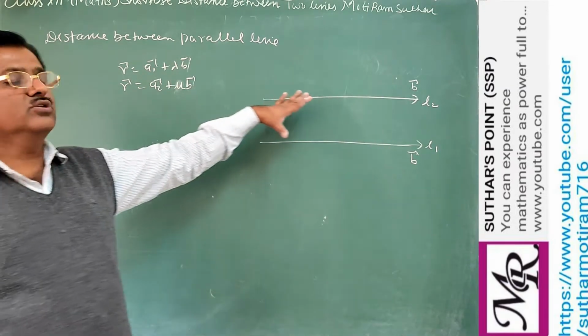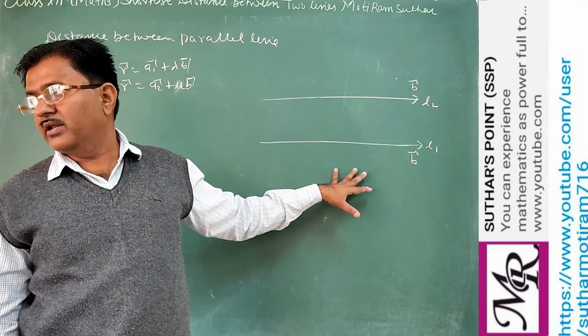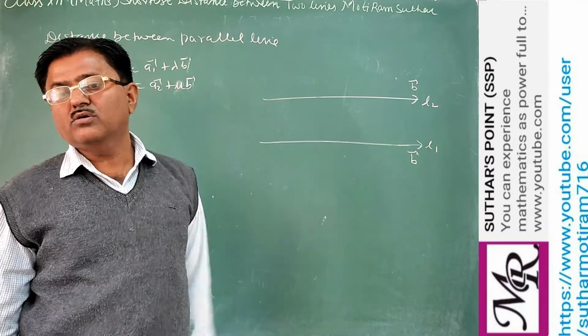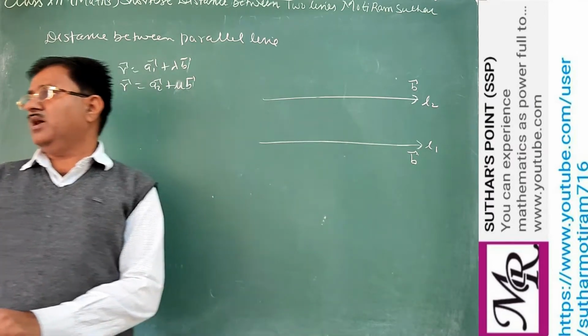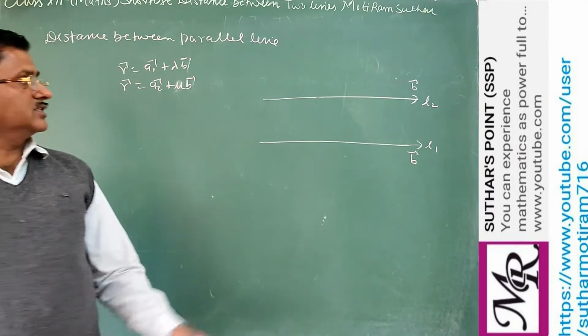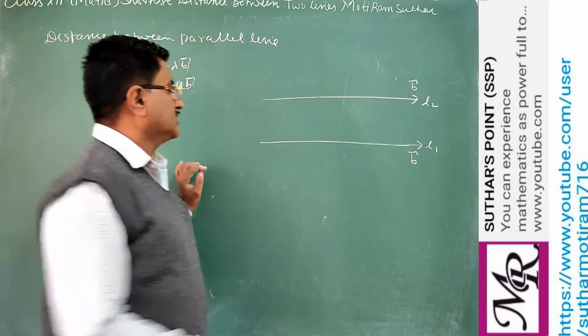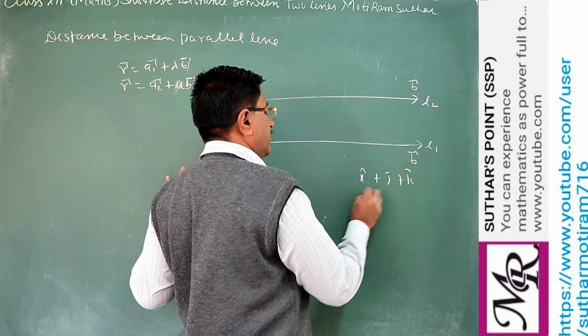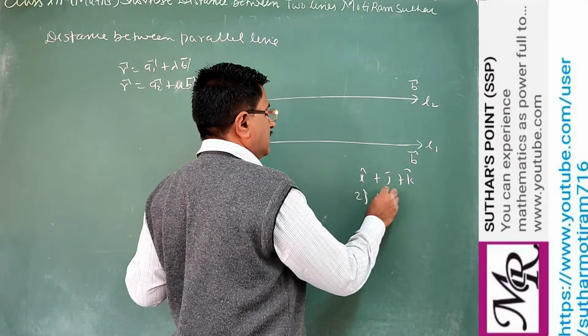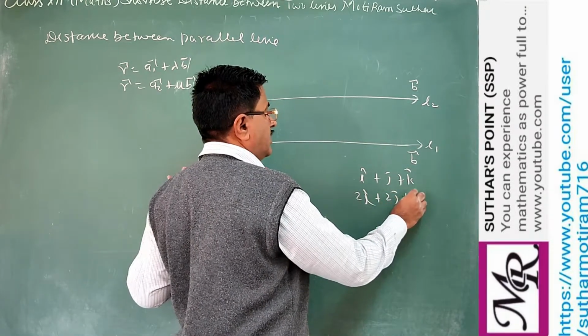Why? Because the lines are parallel, their direction vectors are also parallel to each other, so we can represent parallel vectors by the same symbol. The only difference will be a scalar multiple. Suppose one vector is i plus j plus k, then the other vector may be 2i, 2j and 2k.